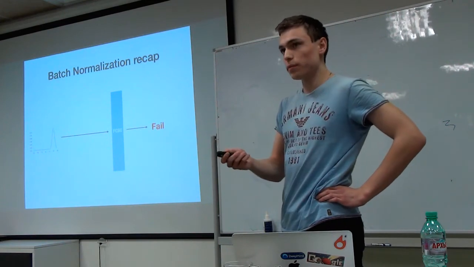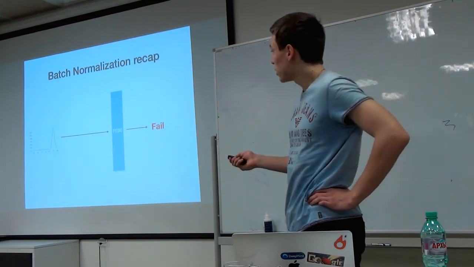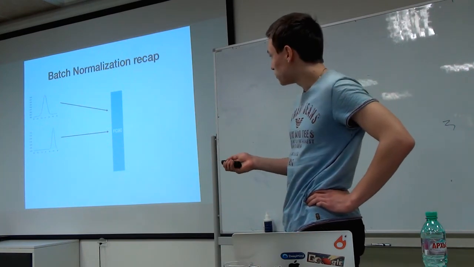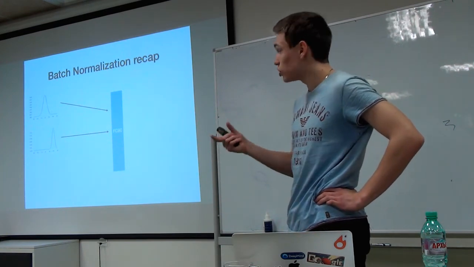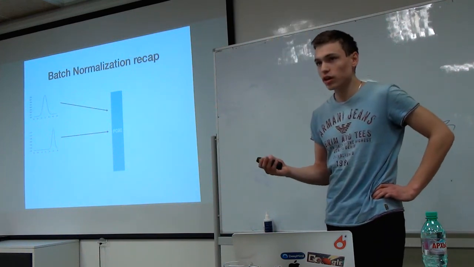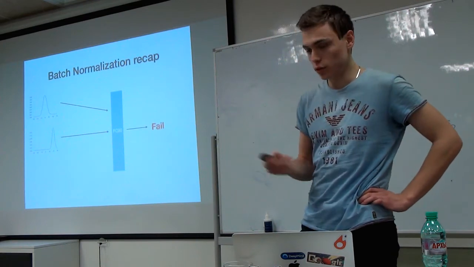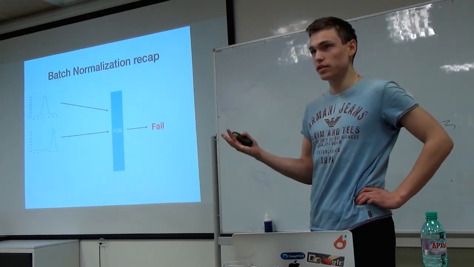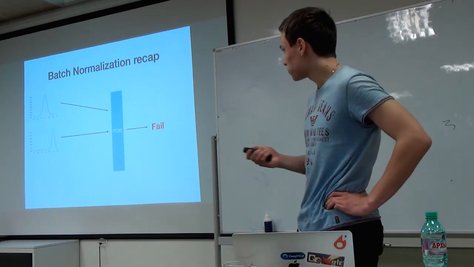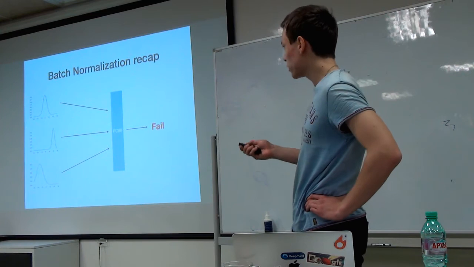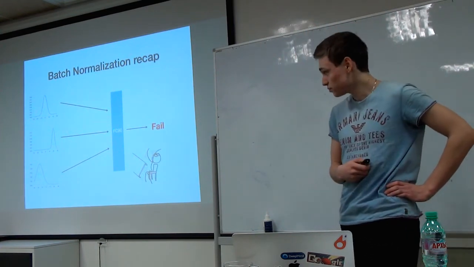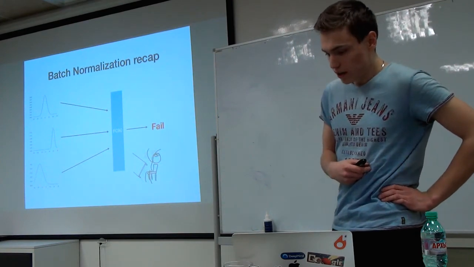Since we updated all previous layers, the activation of the same hidden unit changes a lot. So our last layer is confused, and it fails again. It didn't see this data from the domain yet. And again we fail, and it cannot handle it.